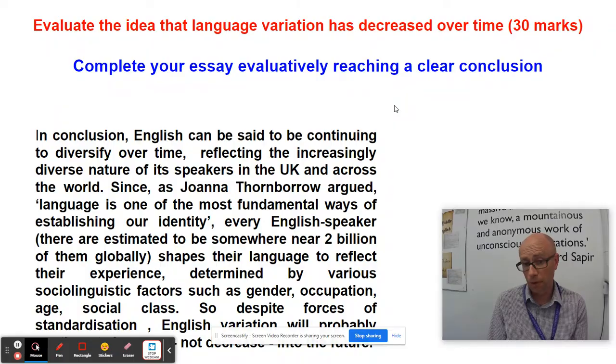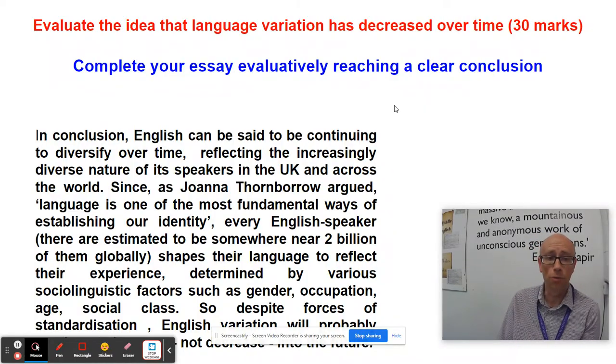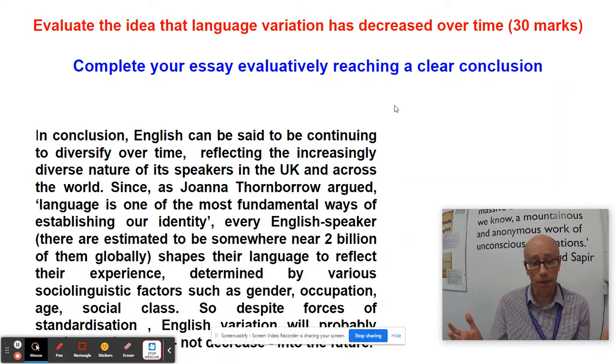Since, as Joanna Thornborough argued, language is one of the most fundamental ways of establishing our identity, every English speaker, and there are estimated to be somewhere near 2 billion of them globally, shapes their language to reflect their experience, determined by various sociolinguistic factors such as gender, occupation, age, and social class. So, despite forces of standardization, English variation will probably continue to increase in diversity into the future.